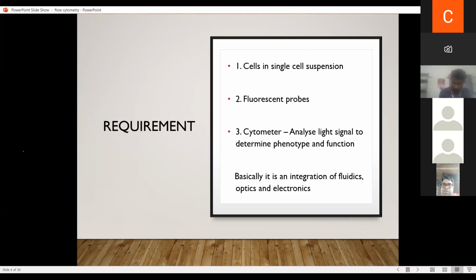Third one is the cytometer, an instrument with which we analyze light signals to determine phenotype and function of cells. So basically, it is an integration of fluidics, optics, and electronics. It is an interdisciplinary designed instrument which is used for cell biology.